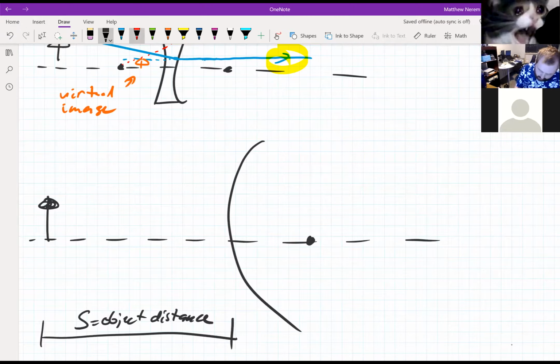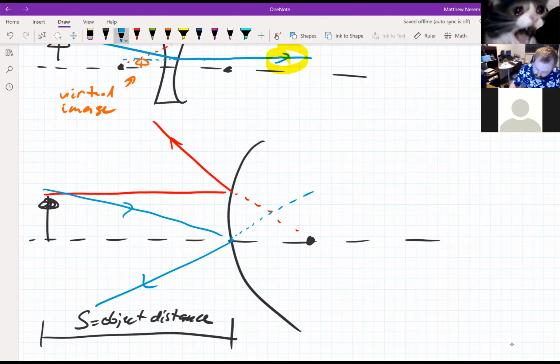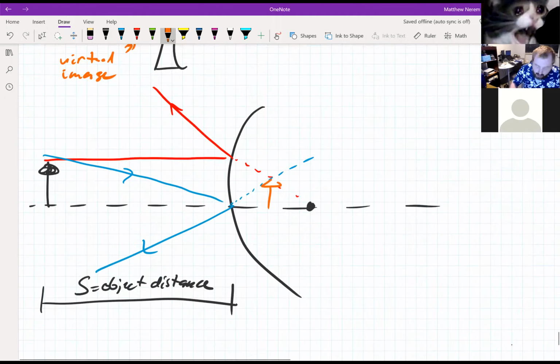Object distance, and let's shoot our rays in so I get this right. All right, so it goes off like that. Do one off the vertex. Alrighty. And so we find this guy behind the mirror.